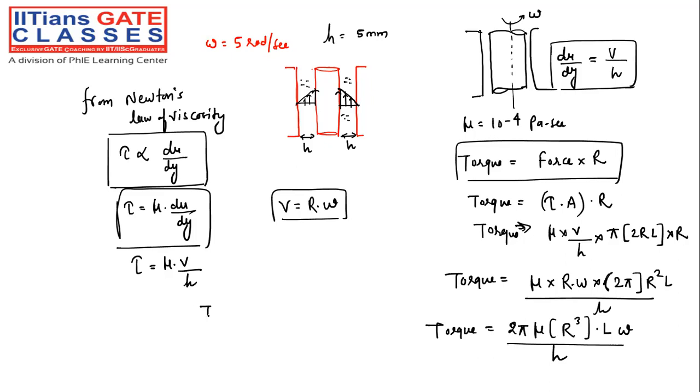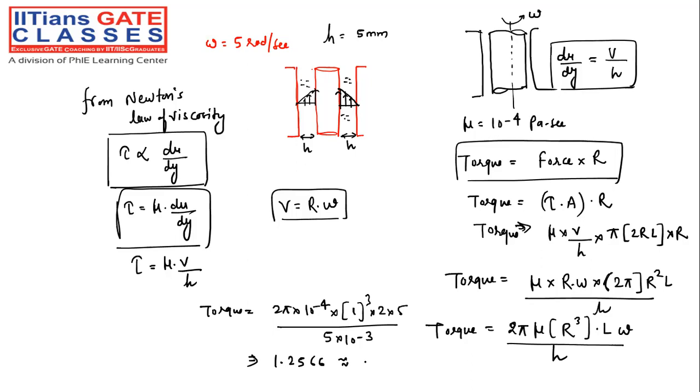Now, put the value. If you just put the value: 2 pi into mu, 10 power minus 4, into R. R is given 1, L is given 10, omega is given 5, gap is given 5 into 10 power minus 3. If you just try to calculate this, you'll be calculating at 1.2566.